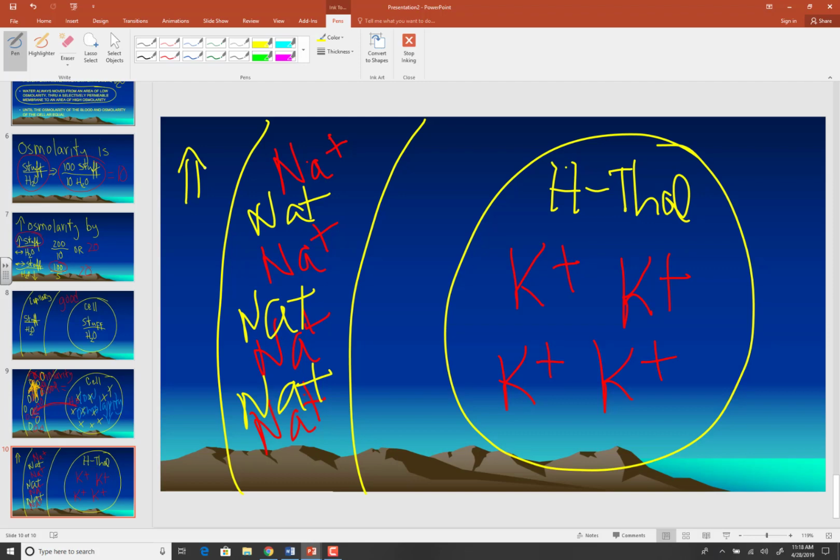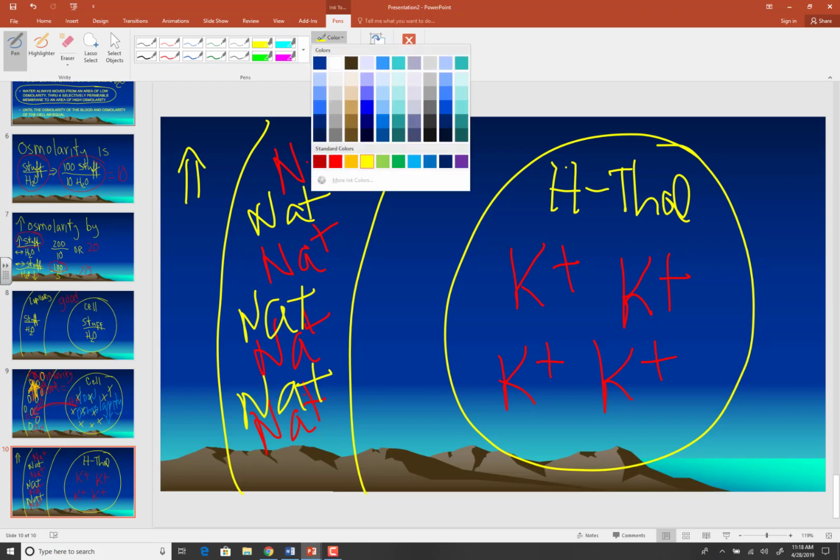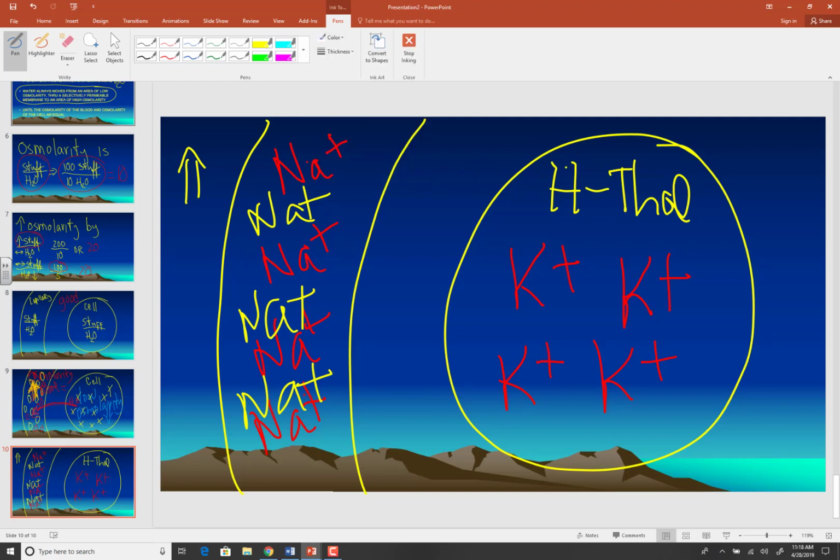So if stuff can't move, what can always move? Water. Water can always move. And water will always move from an area of low osmolarity, which in this case is the cell, through a selectively permeable membrane to an area of high osmolarity until the osmolarity of the cell and the blood are equal.